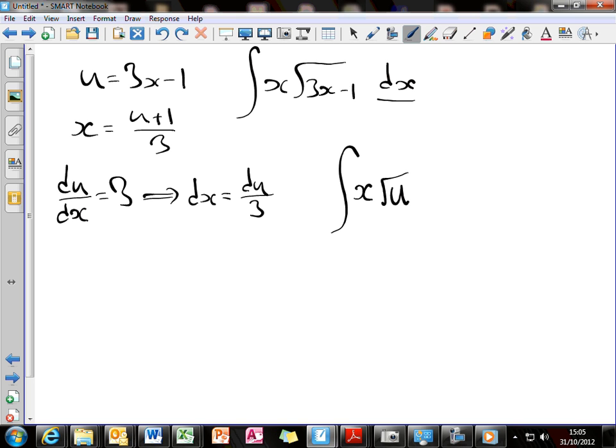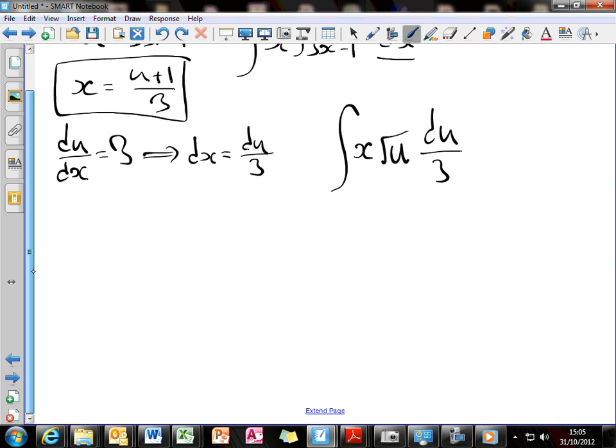And dx is going to be du over 3. So that's the integration I'm doing. So the x didn't cancel, so I am going to have to use this thing here and sub that in for the x that I've got there.